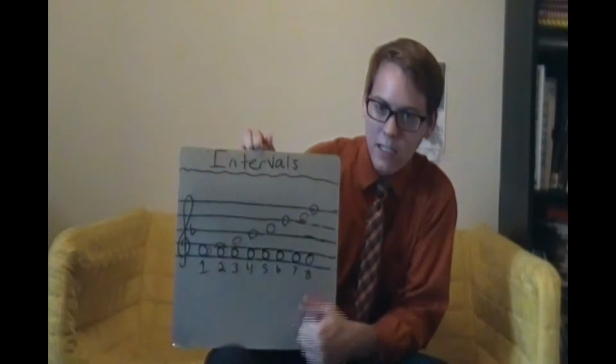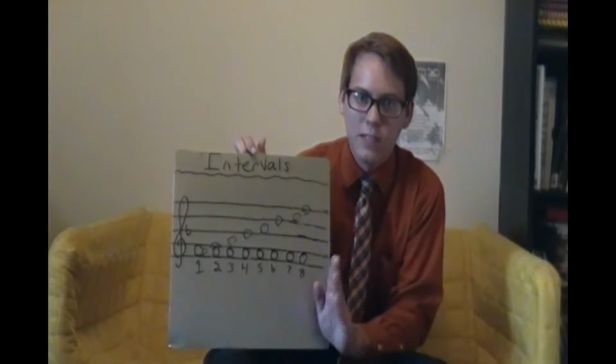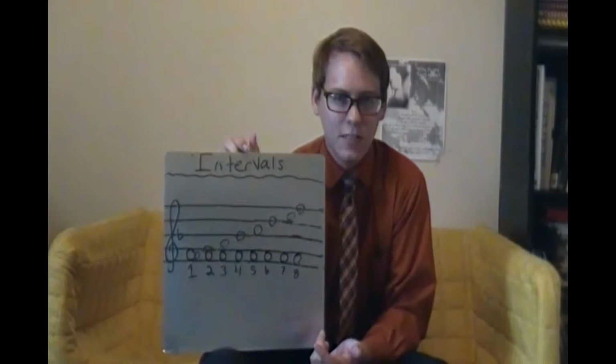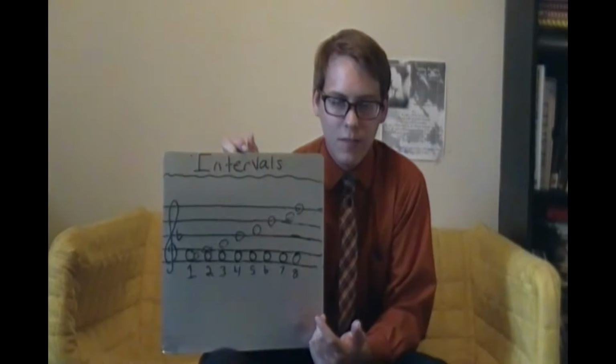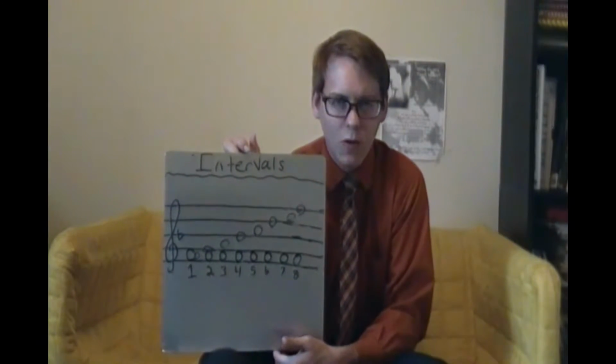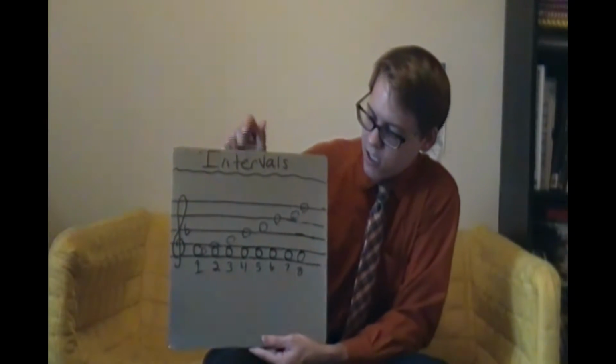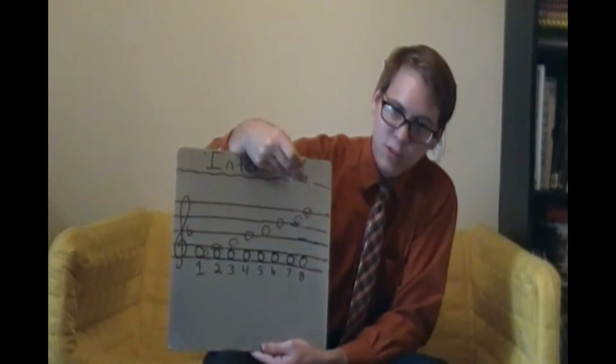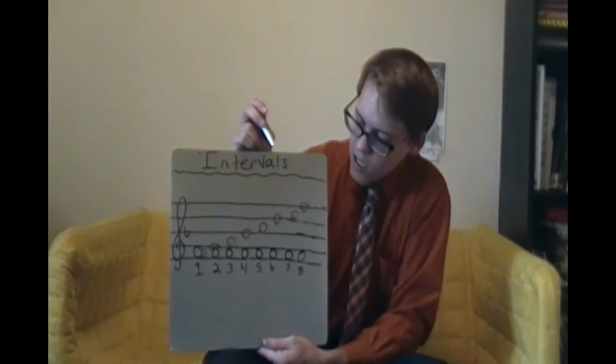If we go anywhere past 8, we go into compound intervals, and that's a whole other area that'll make more sense once we work on this a little more. So we're just going to focus on our intervals going up to the 8th degree.